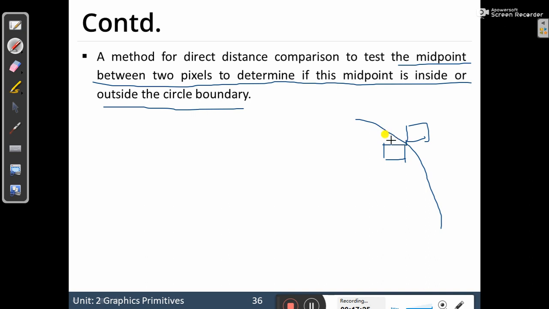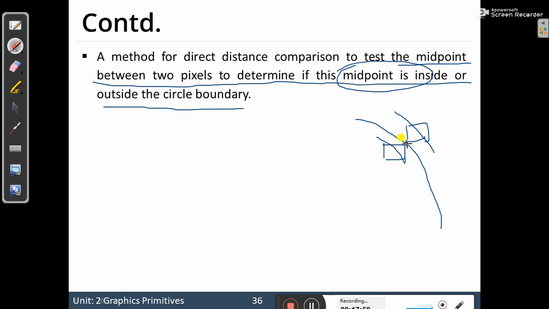Sometimes this midpoint might overlap with this one, sometimes with that one. So to find the candidate pixel, we need to determine if this midpoint is inside or outside of the circular boundary.